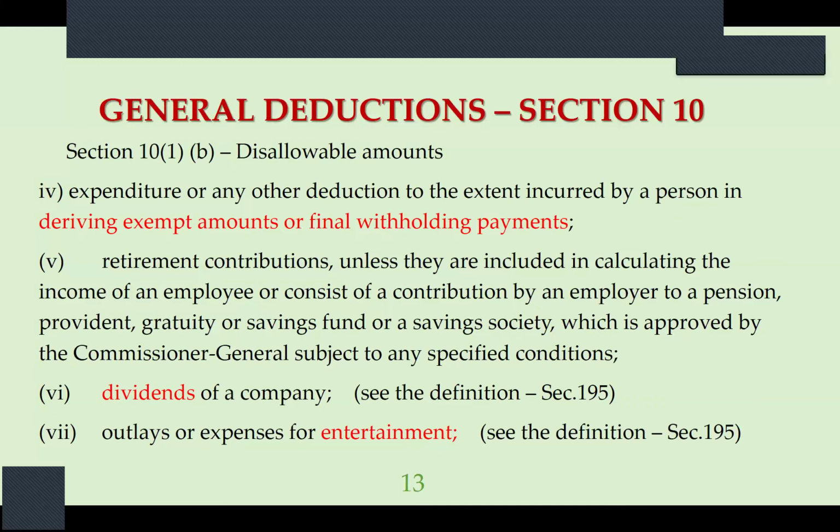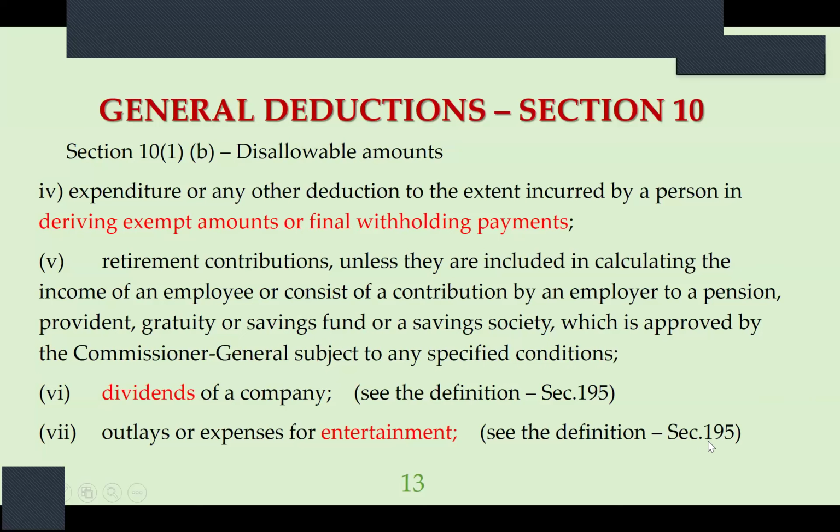The next one is outlays or expenses for entertainment. The term in red color has a specific definition. That is why I have specifically mentioned it. For dividends, we have a specific definition in section 195. For the term entertainment also, we have a specific definition under section 195.